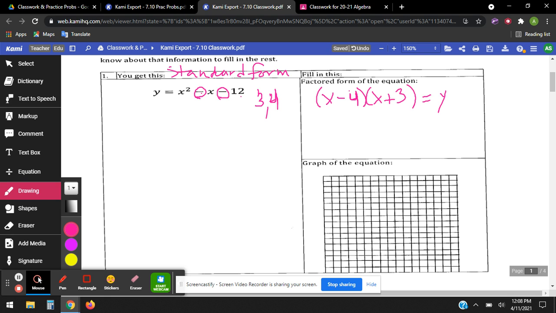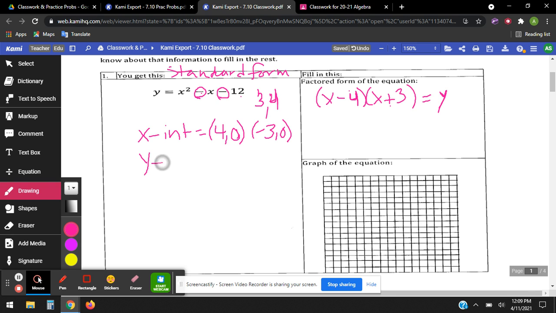I'm going to put over here is y. And now to be able to do the graph, I need to have a little bit more information. From here, I can find my x-intercepts. I know they're going to be 4, 0, and negative 3, 0, right? Negative 3 plus 3 is 0. 4 minus 4 is 0.